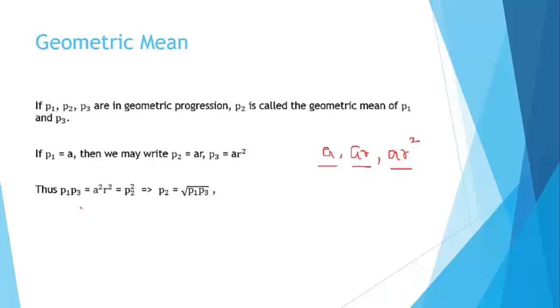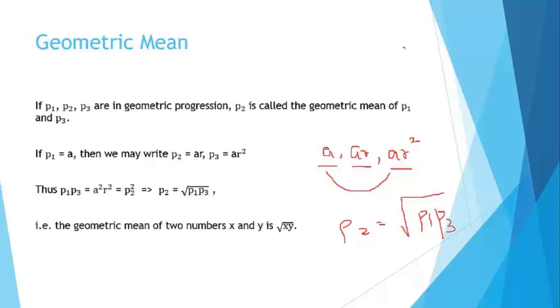So p1 times p3 equals a times ar square, which is a square r square, equals p2 square. So p2 equals root of p1 times p3. That is, the geometric mean of two numbers x and y is root of xy.